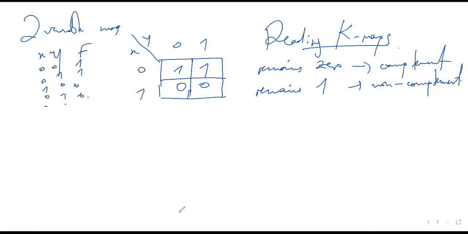From there, you group the variables which are ones. Step number 1 on reading: group all the ones.